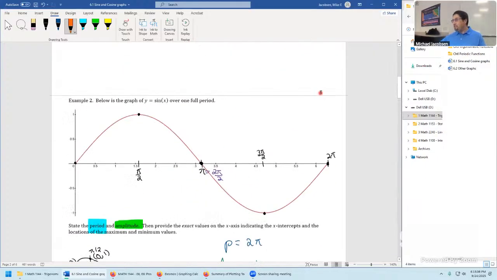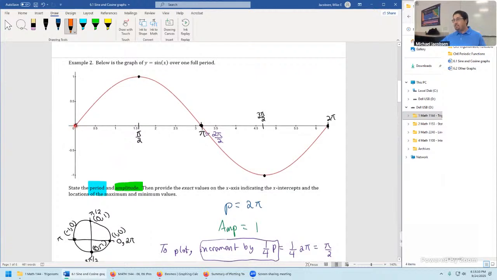For the sine graph, it went a little differently. It started at an intercept, a quarter into the cycle, pi over 2, we're at a max, intercept, minimum, and then another intercept. So really it's just inheriting those basic shapes of sine and cosine. They hit all those interesting spots, 1/4 of their period.